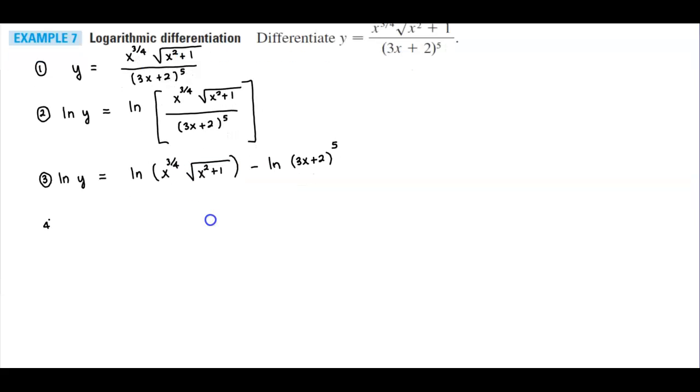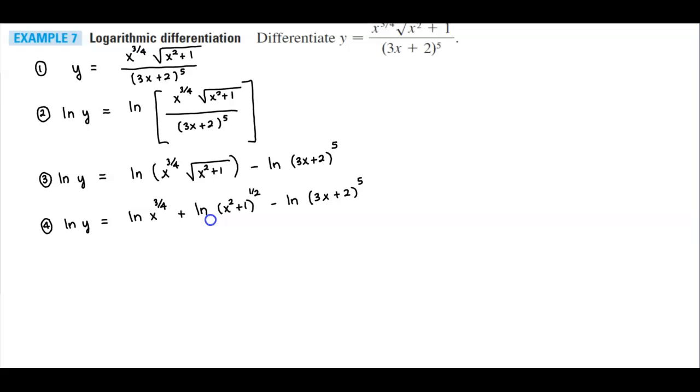So we have the natural log of y, which is equal to the natural log of x to the 3/4 plus the natural log of, well, we're going to write this now as x squared plus 1 to the power of 1/2, since that's the same thing as the square root of x squared plus 1, and then minus the natural log of 3x plus 2 to the 5th power.